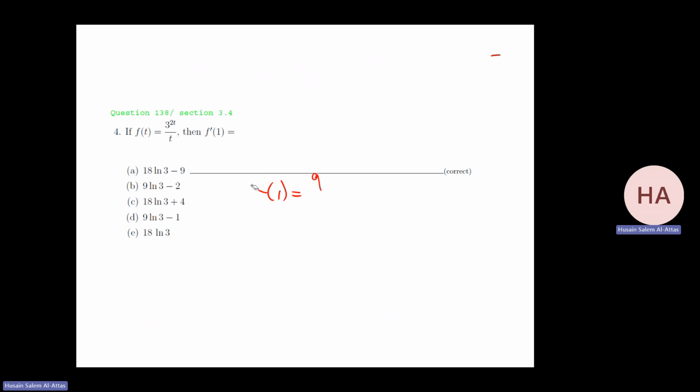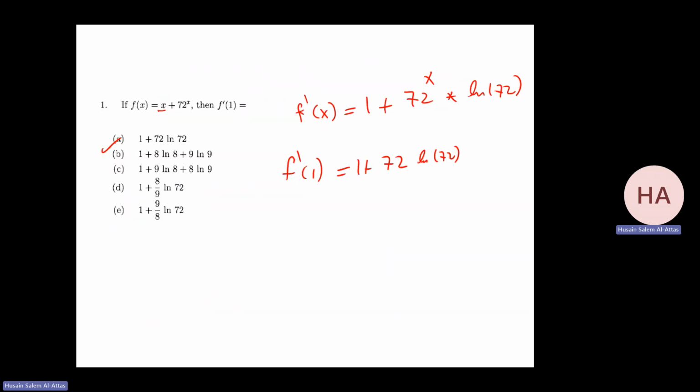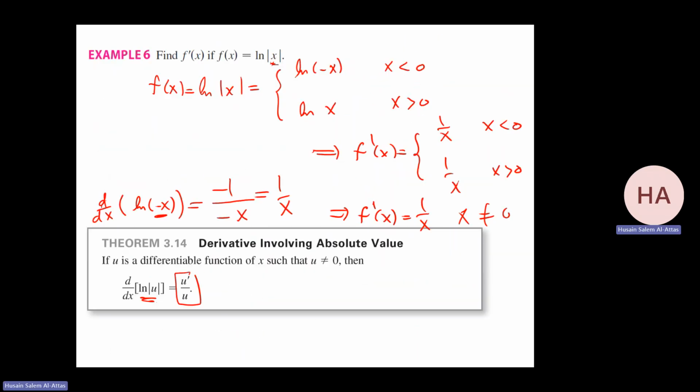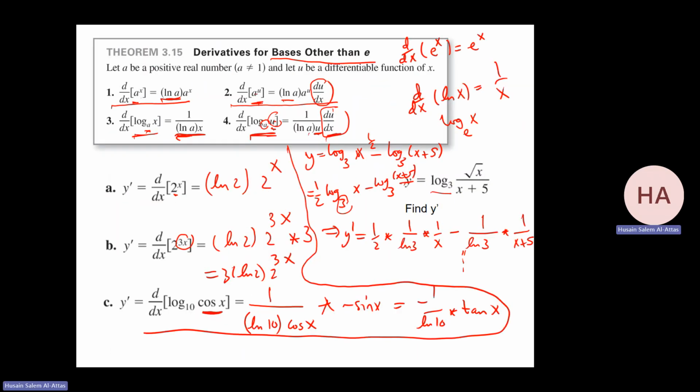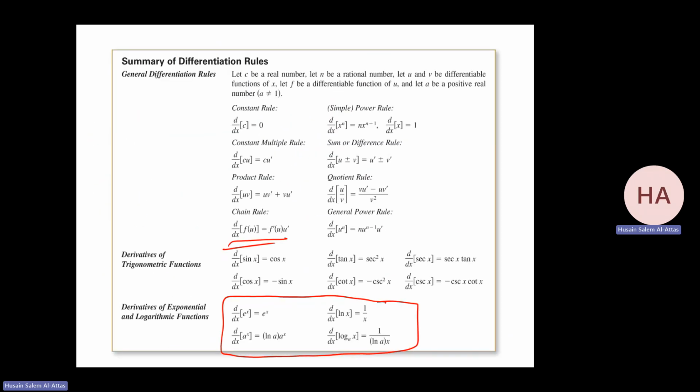I forgot derivative of u. Yeah. Look, let us do it step by step. If I have a to the power u, then it will be ln a, a to the power u. Don't forget derivative of u.